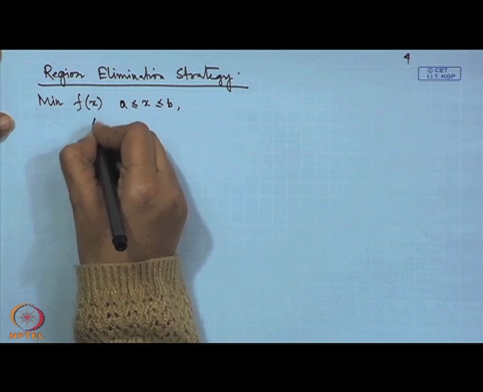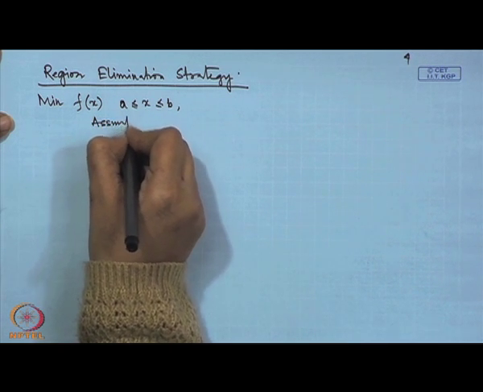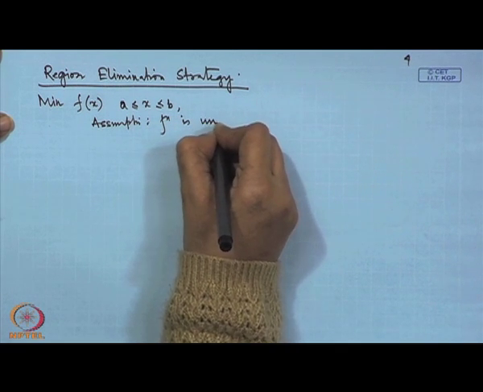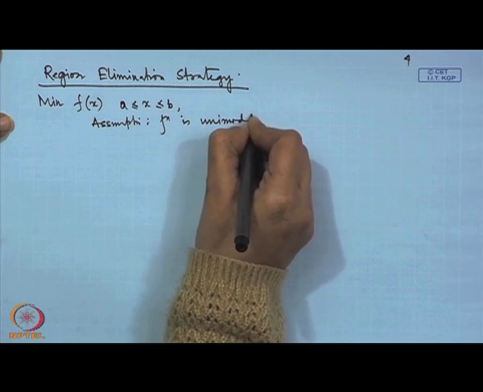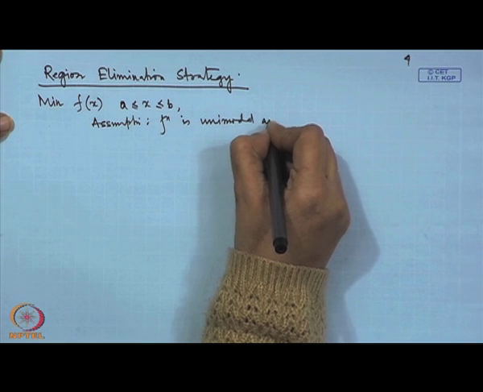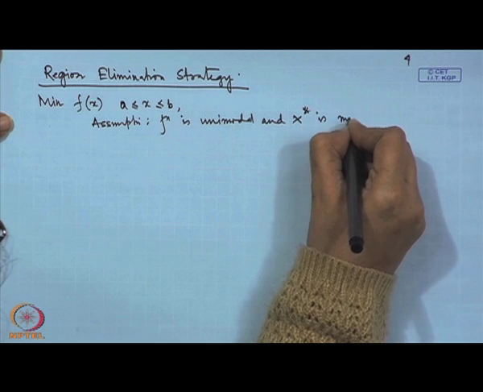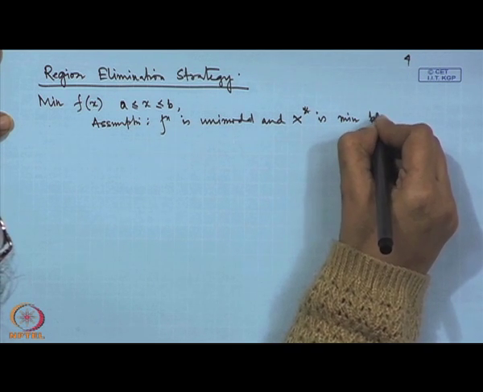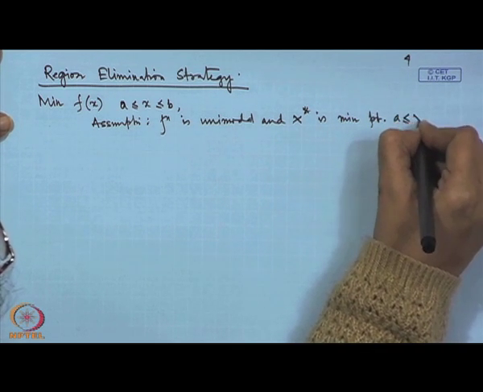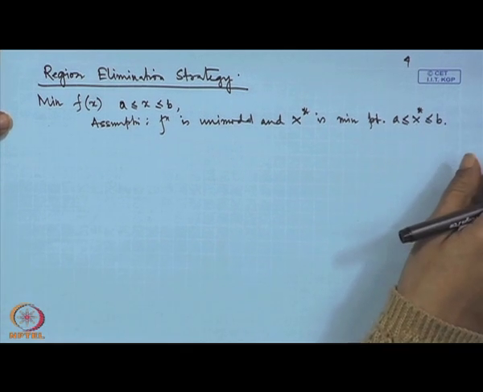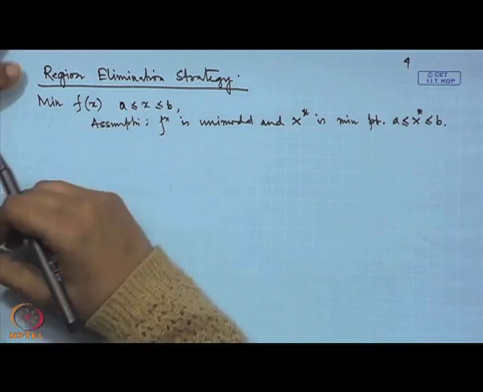This is the assumption for us, and x star is the corresponding optimal point, that is the minimum point, where x star is in between a to b.